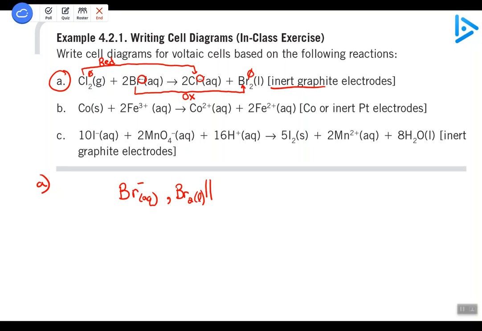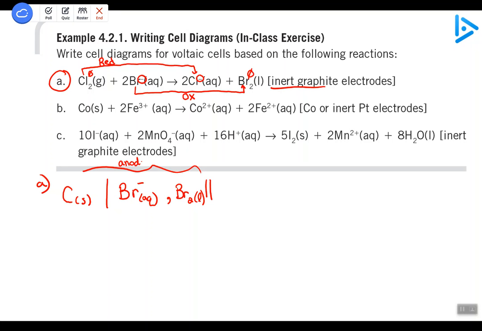Aqueous and liquid are classified as the same phase. They mix together, so we can have a comma between those two species. But then I also need an inert graphite electrode that's solid, so I need a phase boundary to separate that side. The inert electrodes go on the outside of the cell diagram, so the furthest to the left and the furthest to the right. So that's my anode.